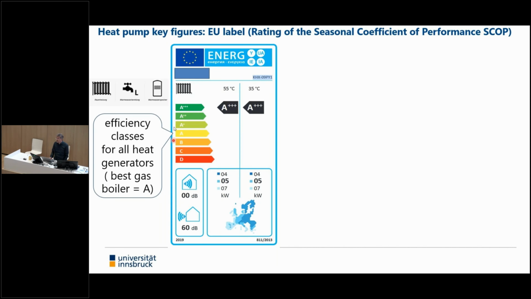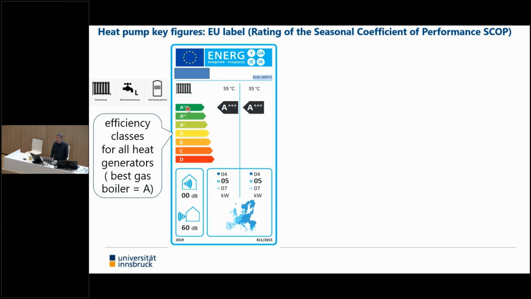You all know these colors and letters, from A to D. But unfortunately, they have this label for all types of heat generators. And the best gas boilers are rated A, so that's the middle one, the yellow one. And if you have better ones, it's A+, A++, and A+++.